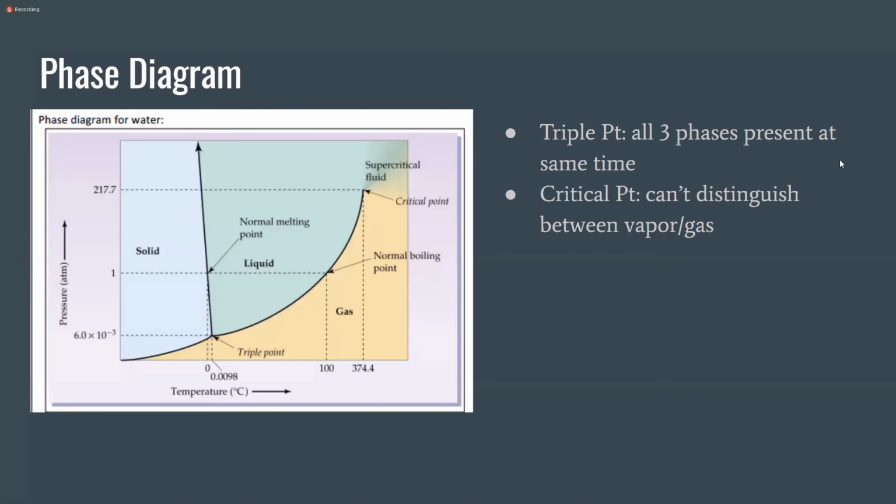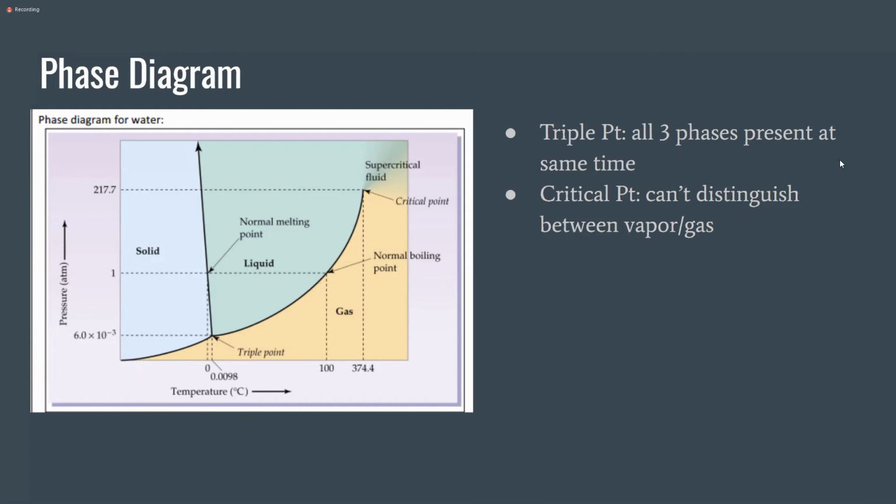And this just shows how the temperature at which we make our transition between one phase and the next depends on the applied pressure. So the pressure on the y-axis is applied pressure.